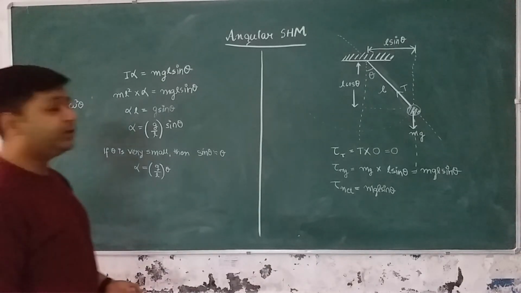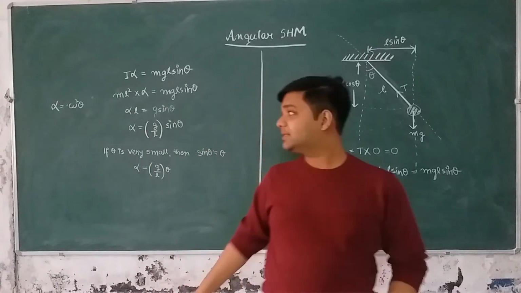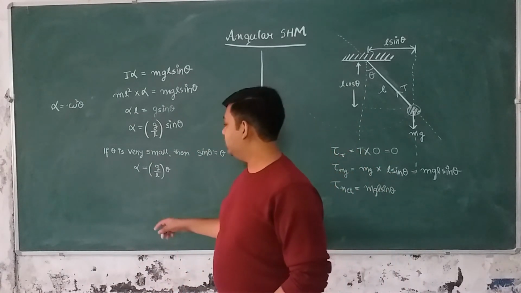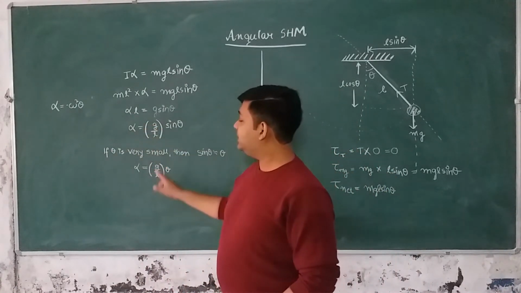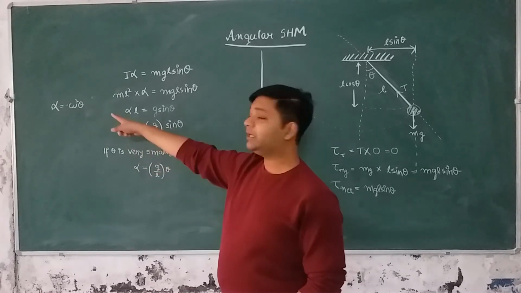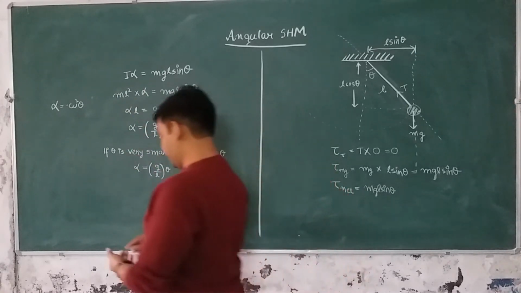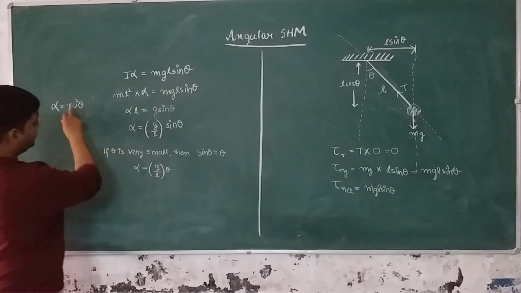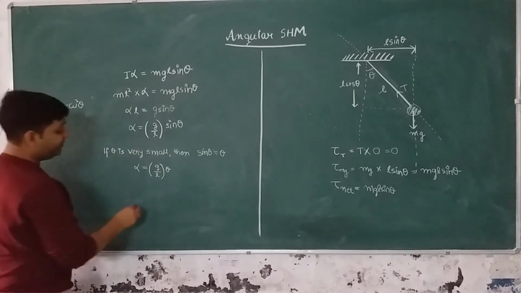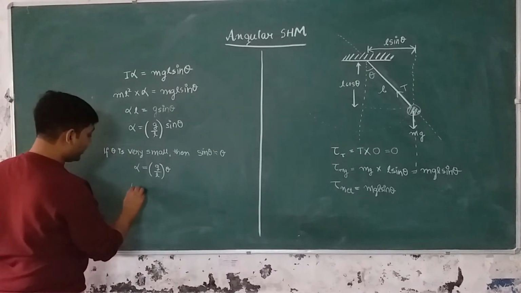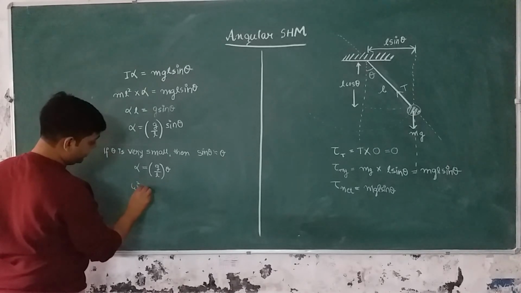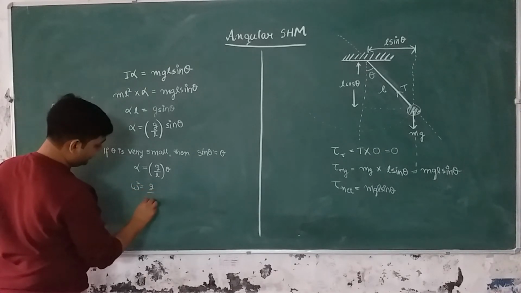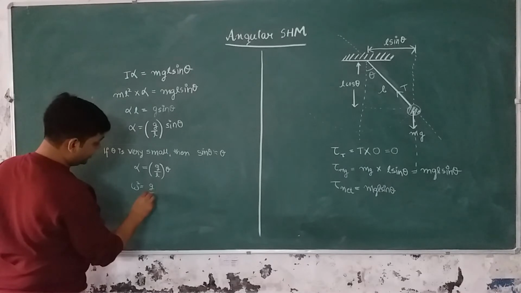I hope we have noted this down. So now let us discuss the time period for a simple pendulum. If we compare these two equations, you can see that omega square is equal to g upon L, right?